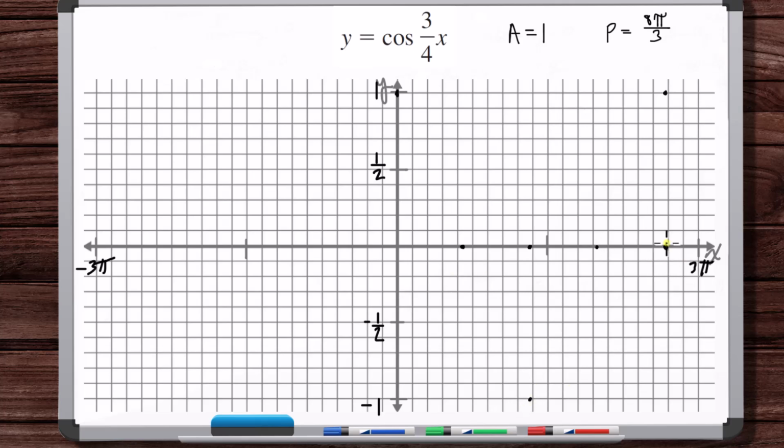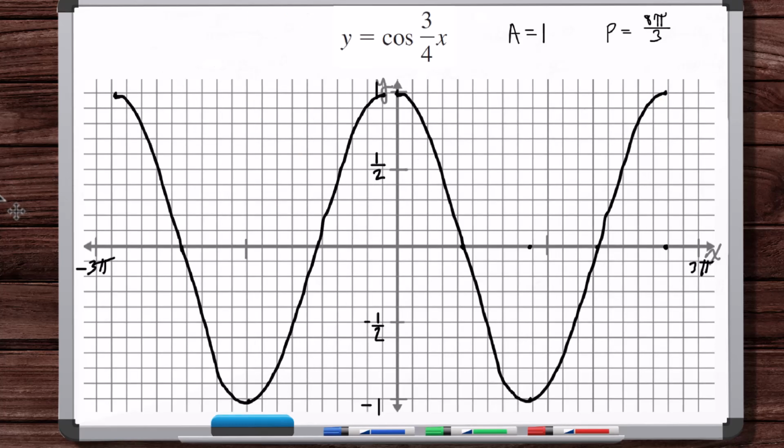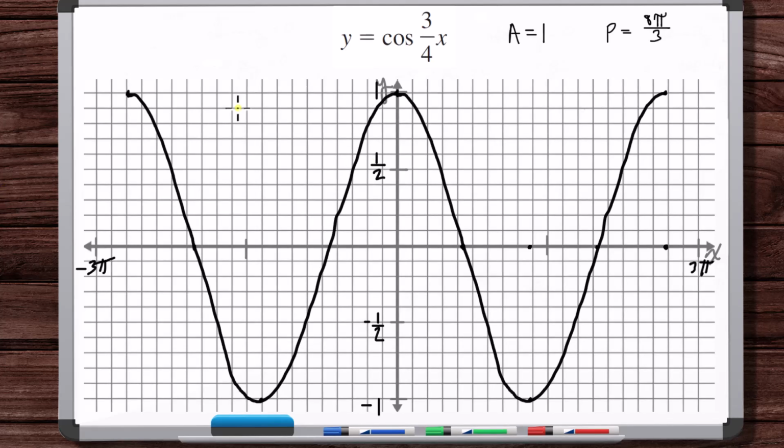Okay, and then this is not on the graph here. That's just the end of the period. So, okay, now let's draw the curve. Okay, now let's copy this. Okay, there we go.